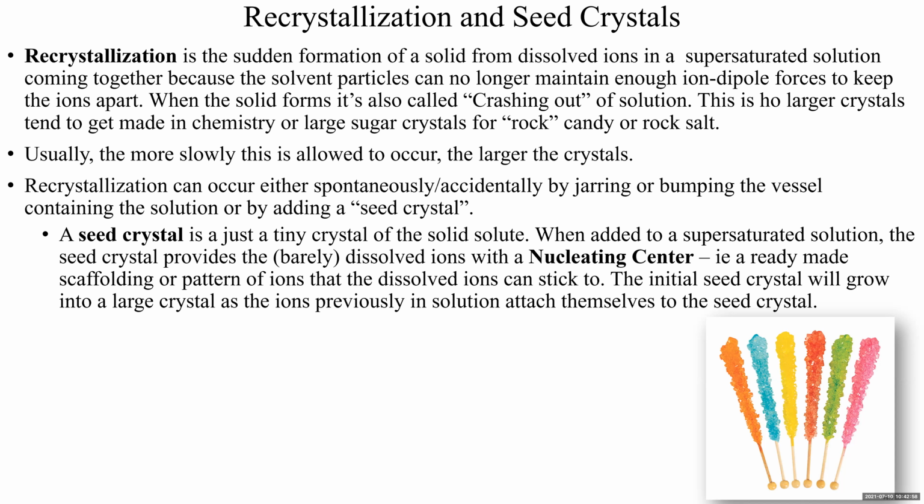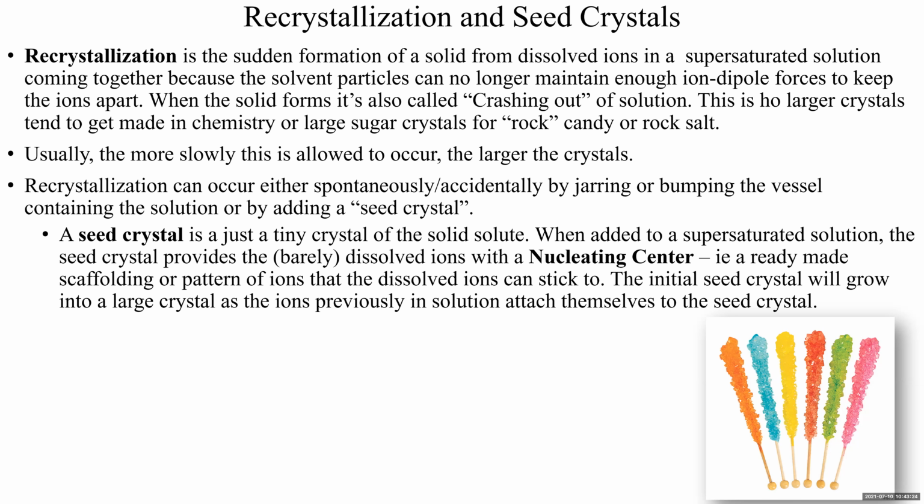So recrystallization is the process of a solute crashing out of solution due to supersaturation, actually due to the effects of correcting for the supersaturation. So recrystallization is the sudden formation of a solid from dissolved ions in a supersaturated solution. The supersaturated solution, like I said, is an energetically unstable situation.